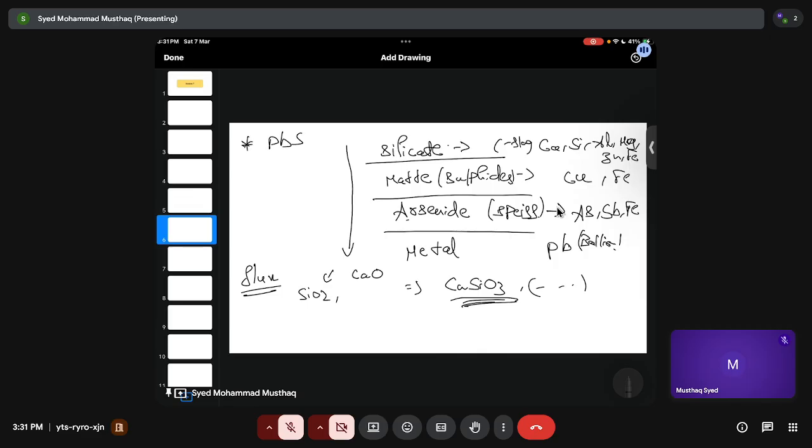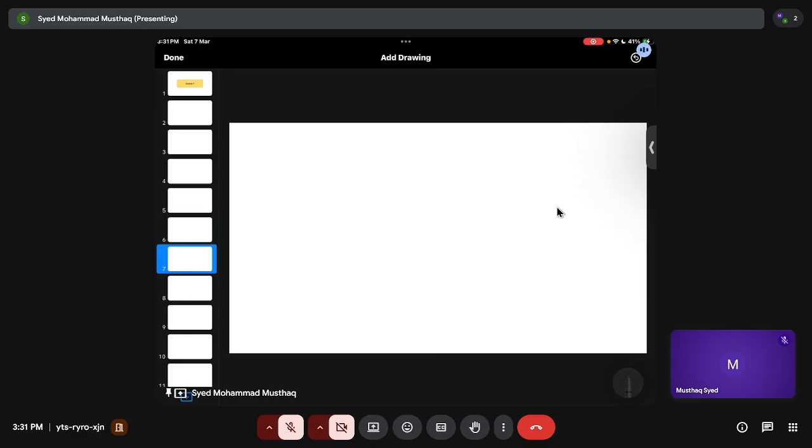Another thing about flux is it will reduce your melting point. It will form a eutectic point. So what does eutectic mean? In the metallurgical sense, suppose you have one phase of A and another phase of B. This one's melting point is TA and the other's melting point is TB.